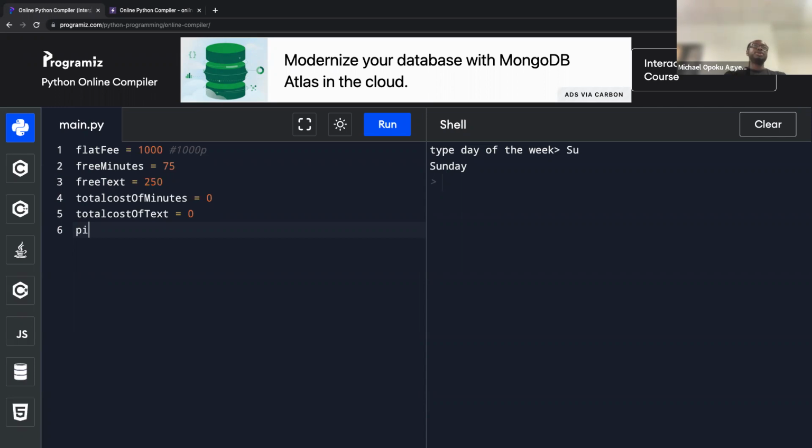I want to take from the user the minutes, and I want to say input. But this input normally takes the input as strings, right? And we'll be using it to do some calculations.